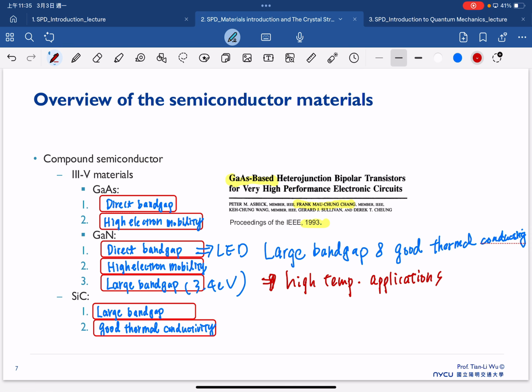So, for example, different electronics have different targeted operating temperatures for different environments. If you look at the electronics closest to us, we usually call it consumer electronics.